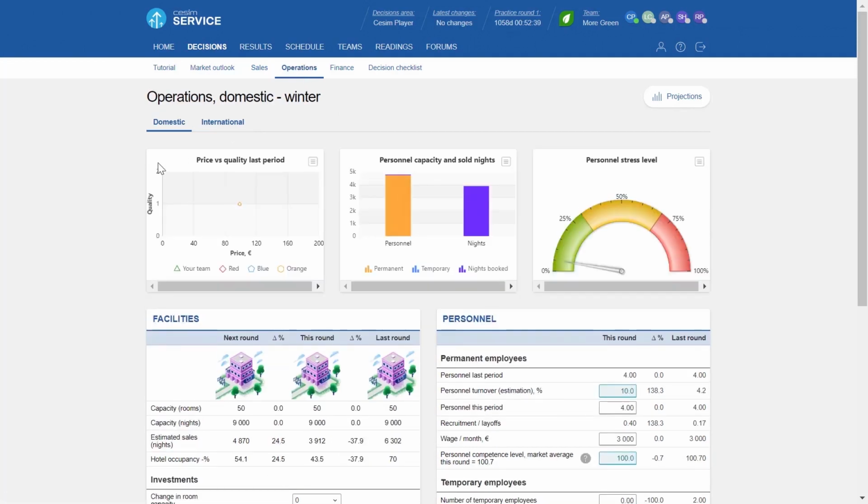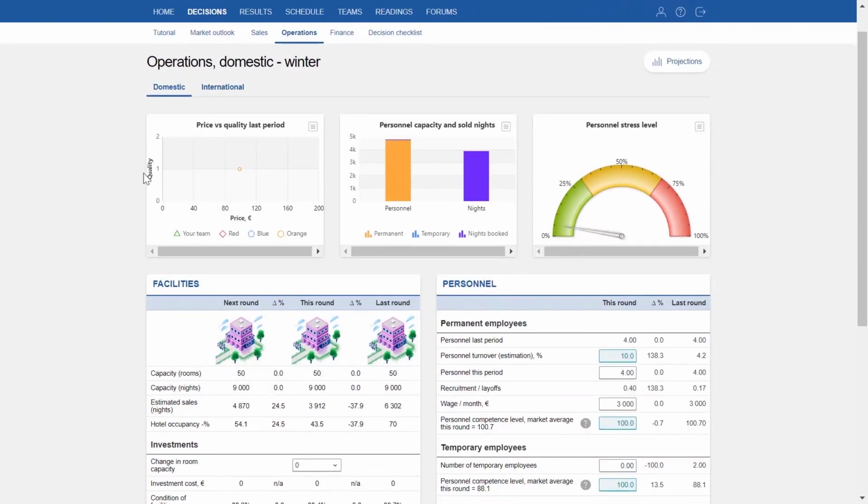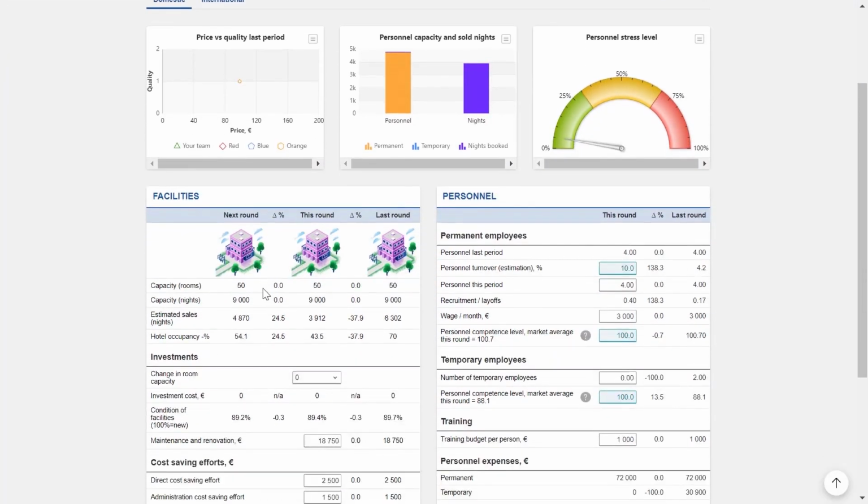So here now on the operations page, we are in the domestic market where we have established operations. We can see that our hotel has 50 rooms, and that gives us a total capacity of 9,000 nights per season. This is basically 180 nights per 6-month period multiplied by 50, so the total number of nights available is 9,000.